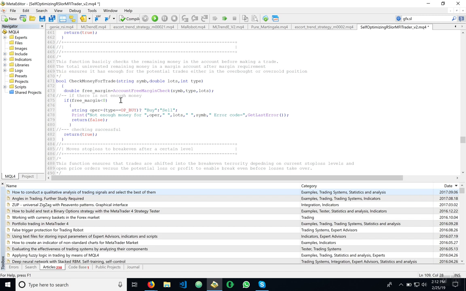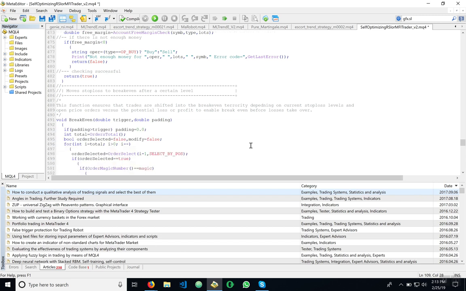So basically here, it checks the free margin variable if there's a lot based on the lot sizes and the type of trade being asked. And if there is, it passes that criteria, and the main function will carry forth the trade. If not, we'll get this error that there is not enough money for that particular trade.